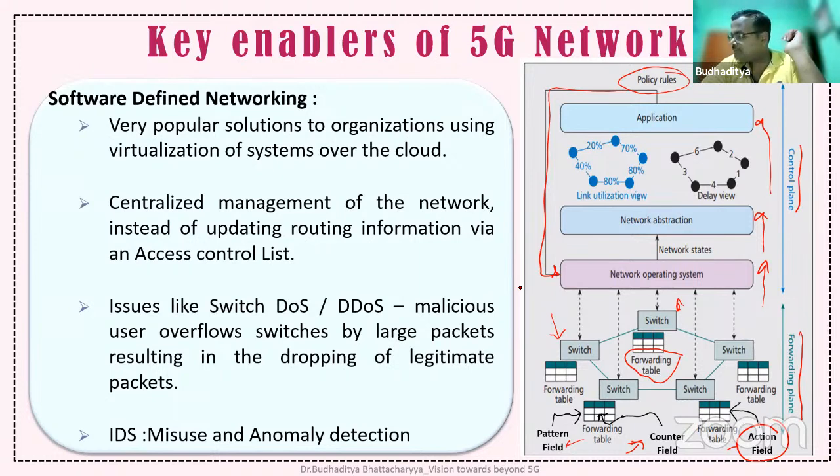So we are upgrading the system based on the requirement. If suddenly some problem happens, there is a change of authorization or a change in the protocol that takes place in a dynamic fashion.